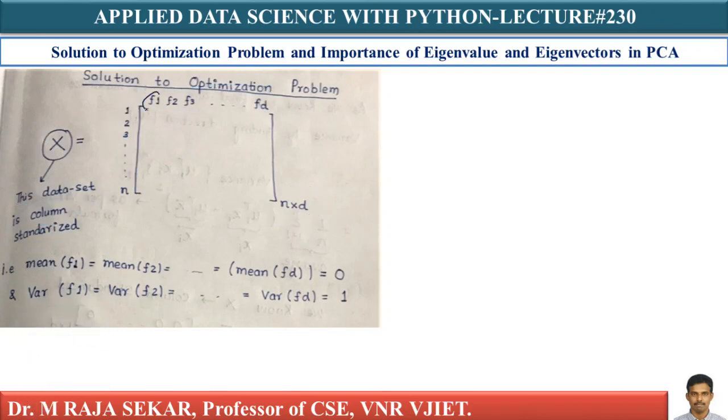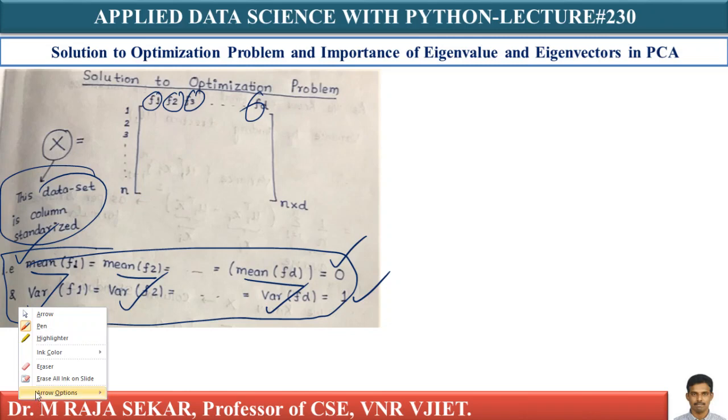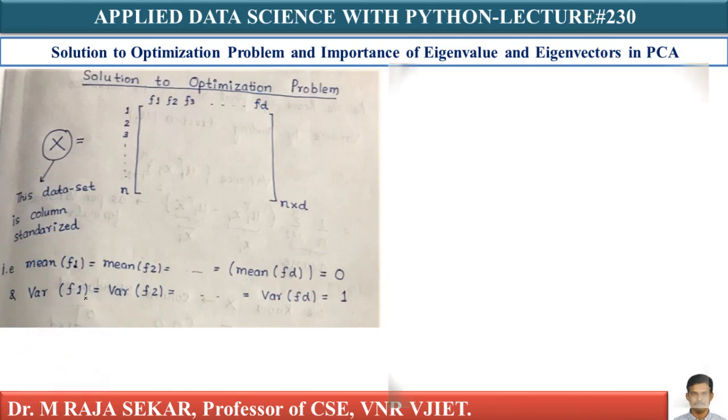It means for each feature, the mean of F1, mean of F2, and so on, mean of FD equals 0. Each column, each feature, each dimension mean must be 0, and each feature's variance or standard deviation equals 1. This is the definition of column standardization I already discussed in my previous lectures.